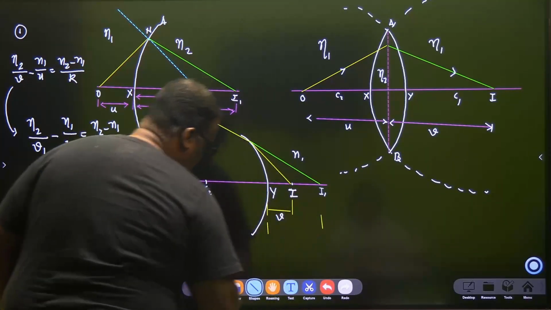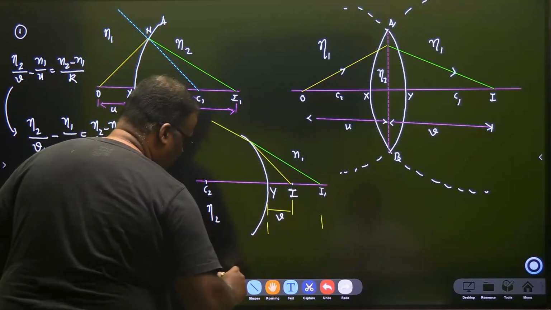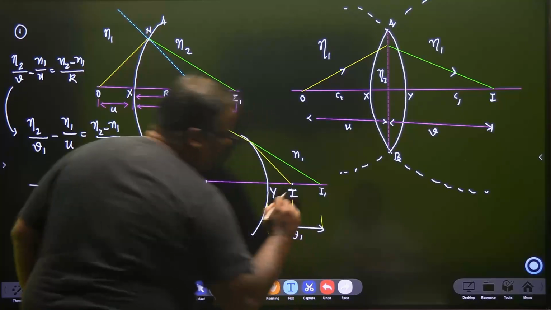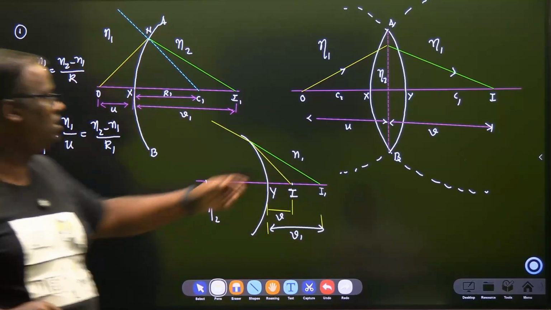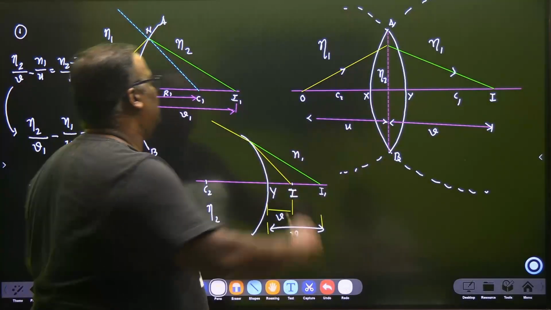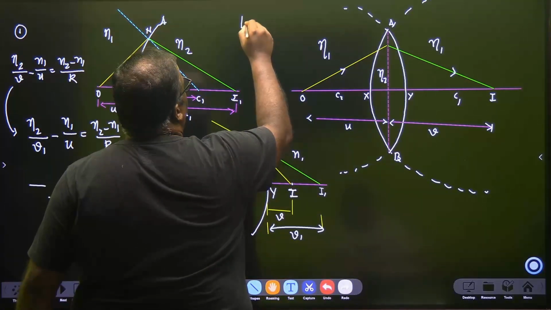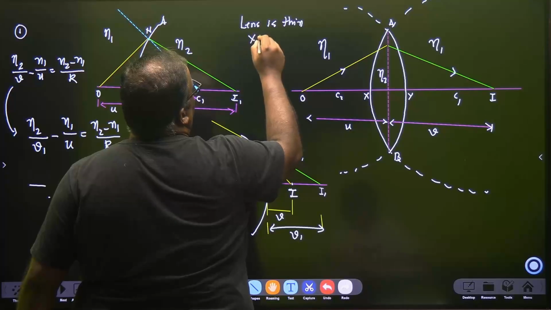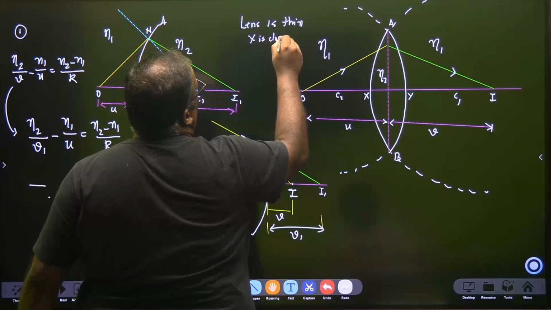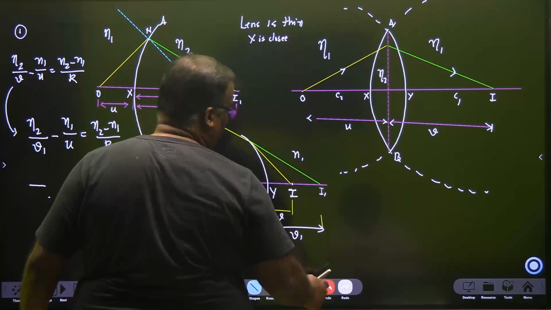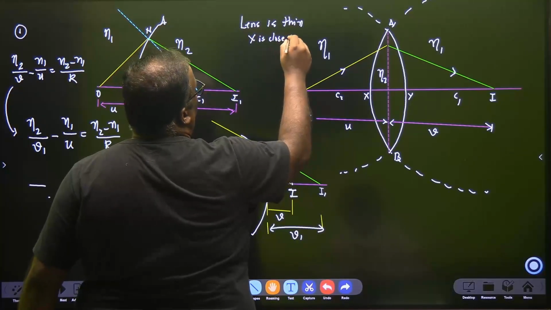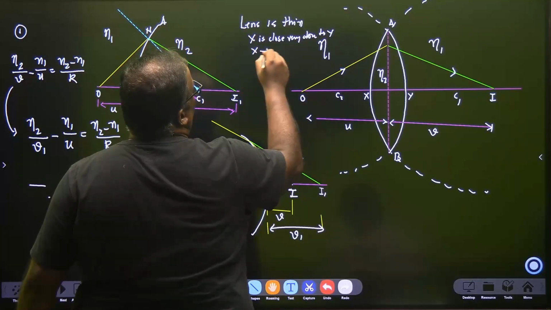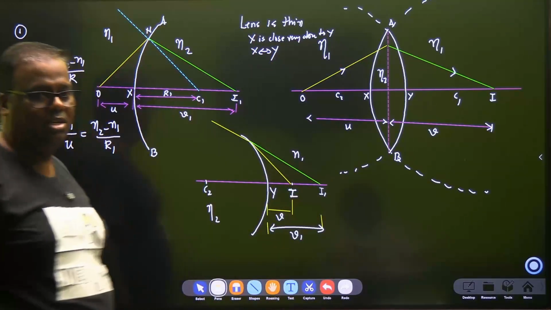Now you will say this is YI1, but I would say, children, YI1 is also equal to V dash only, V1 only, because X and Y are very close to each other. The lens is thin, so X almost coincides with Y. Did you understand, children?